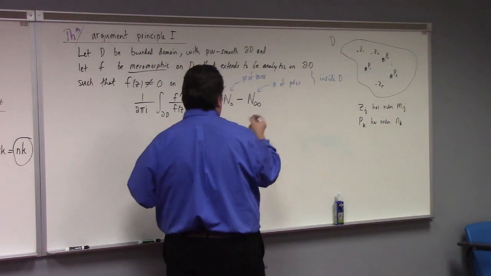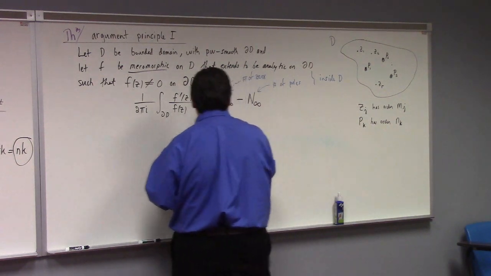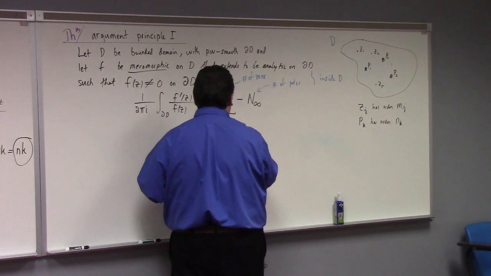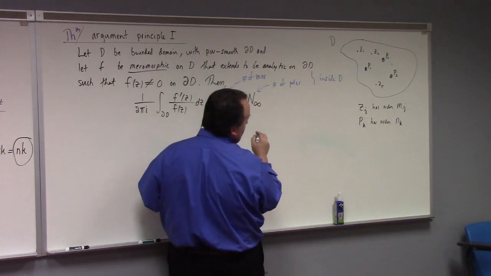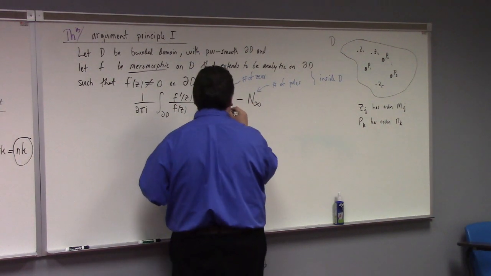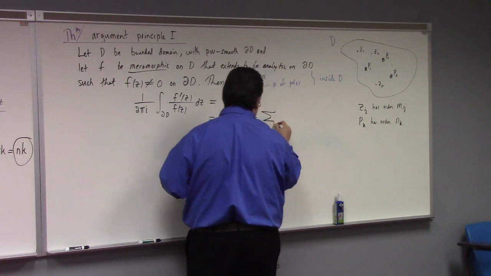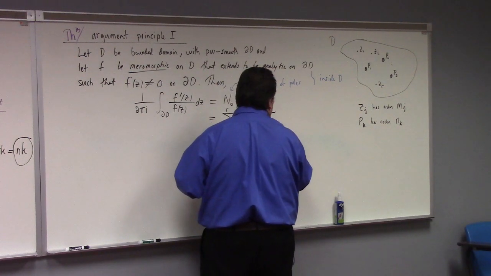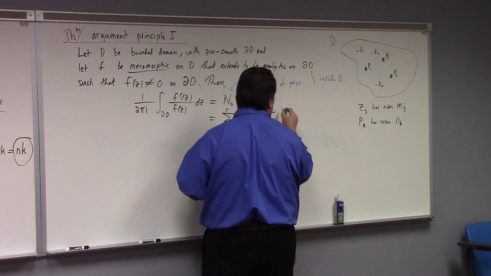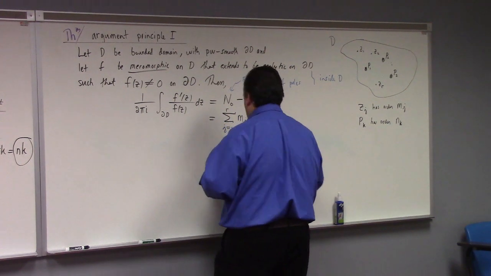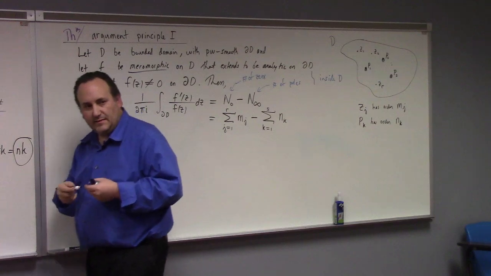Then in that notation, this would be the sum j equals 1 to r of m sub j minus the sum k equals 1 to s of n sub k. That's explicitly what I mean by this, all right?